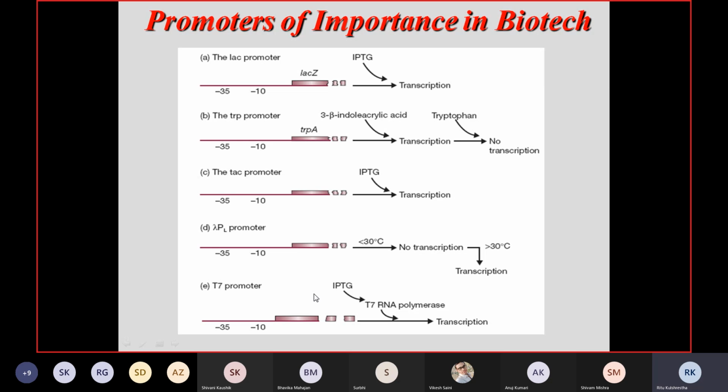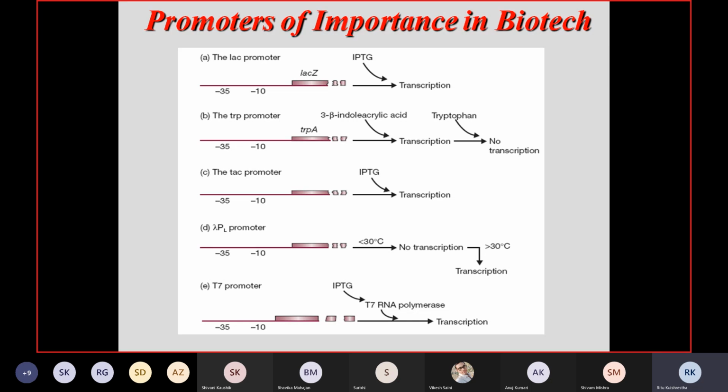So these are the list of promoters which are commonly used when you want to express your protein in bacteria. And you will see that many of these are inducible promoters. But does that mean that we never have a constitutive promoter for expression of protein in bacteria?